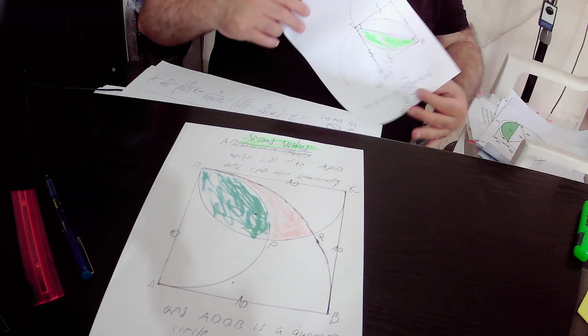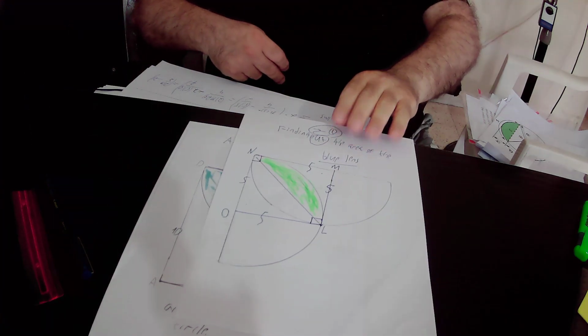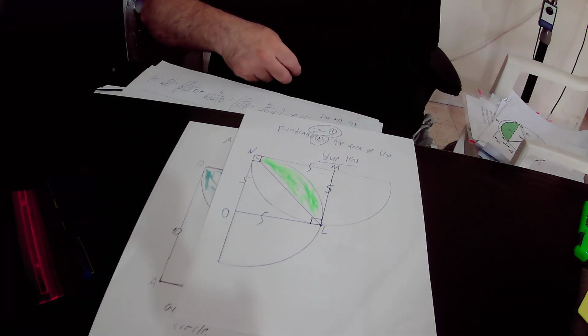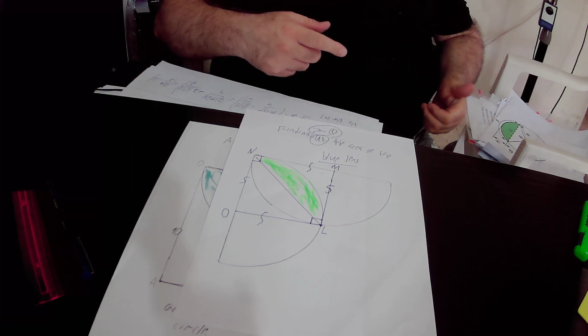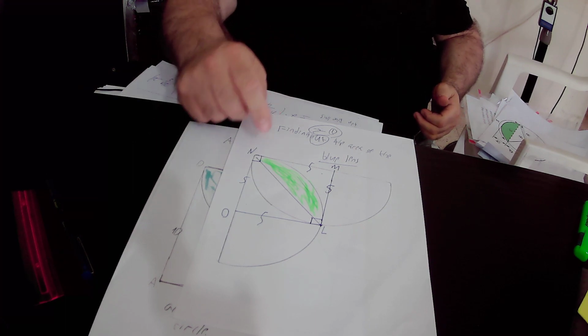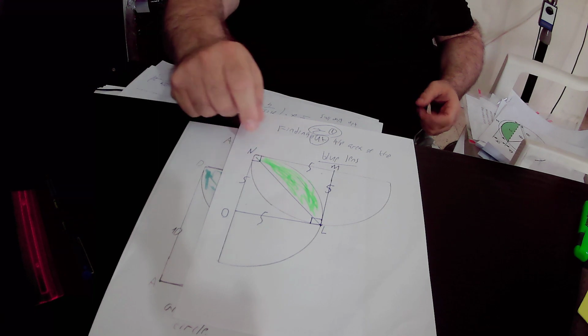So first of all, we calculated the area of the blue shape. Here we actually used method 1, because in method 1 we have the intersection of those two semicircles with each other.